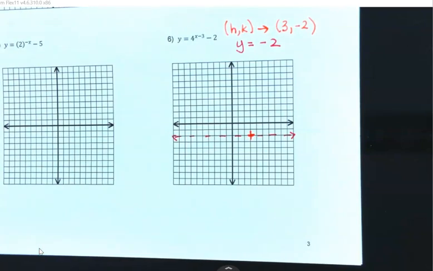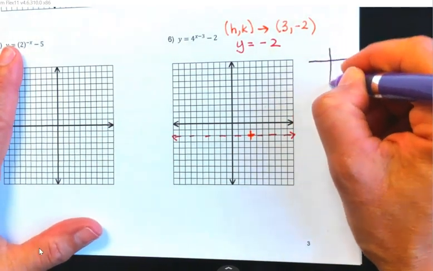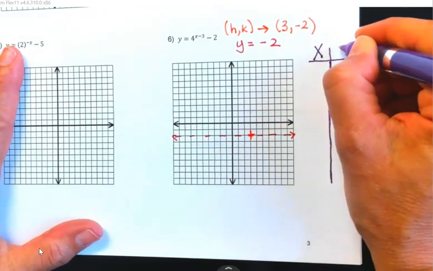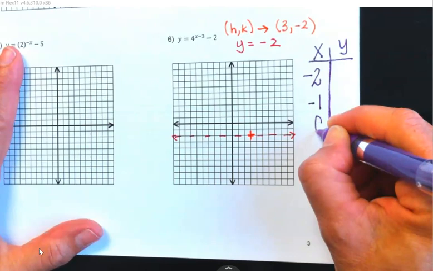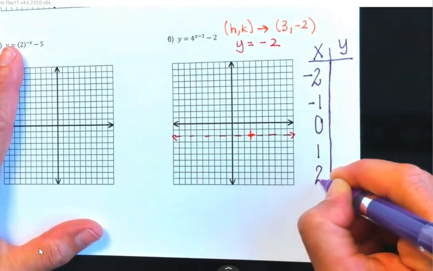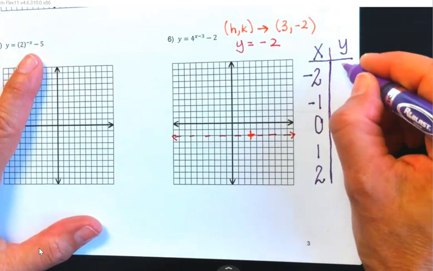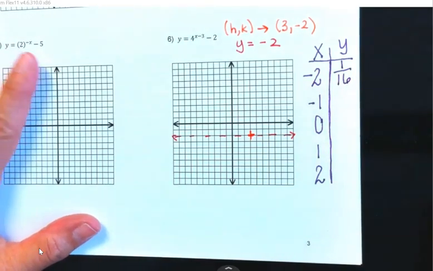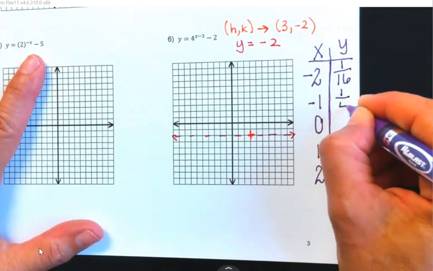All right, T-chart still the same, -2, -1, 0, 1, 2. All right, when we plug in -2, it's just to the 4, just to the base. So -2 is going to give you 1/16. 4 to the -1st is 1/4.